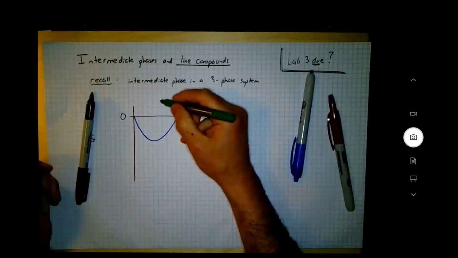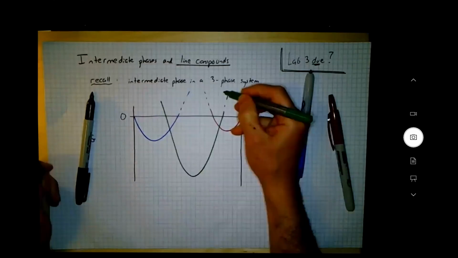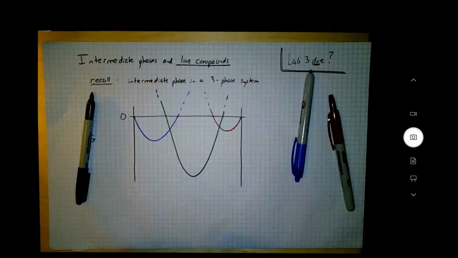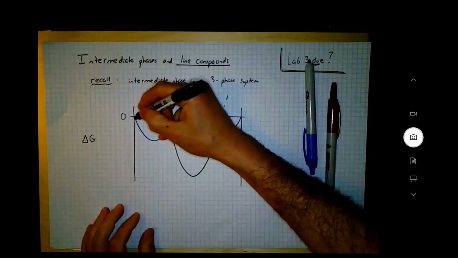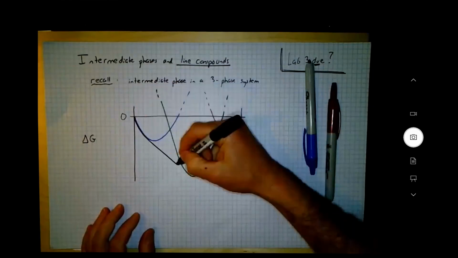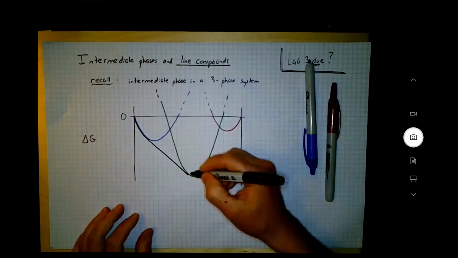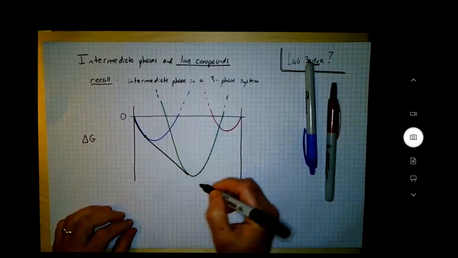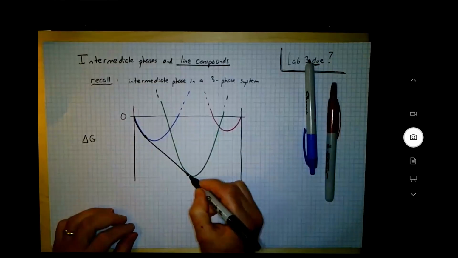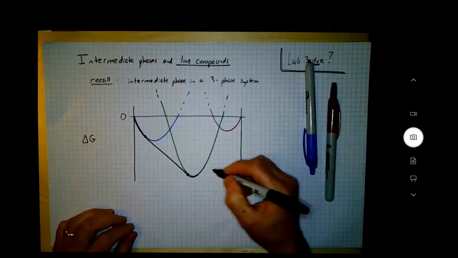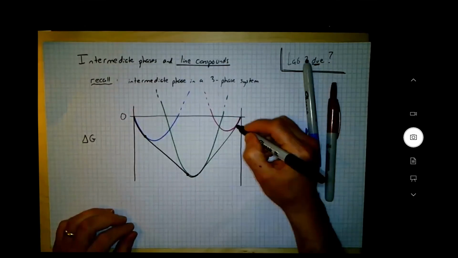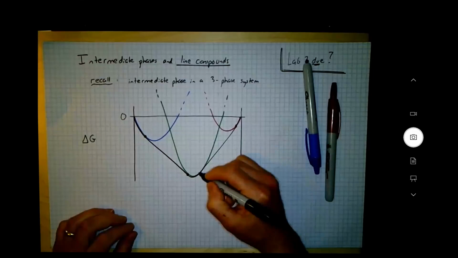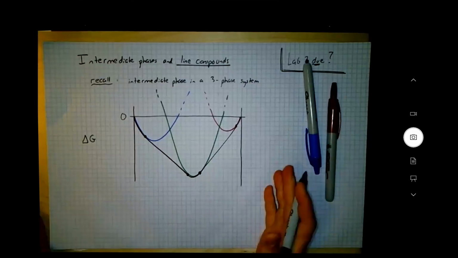We had some intermediate phase. And the common tangent sort of looked like this, with a tangency there, tangency there. I'm just going to eyeball this. All right, so this was your generic kind of three-phase situation.